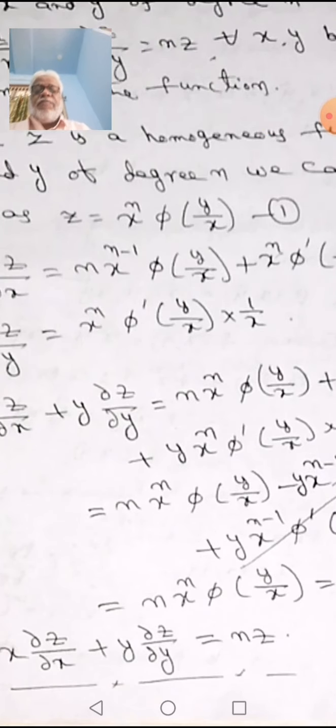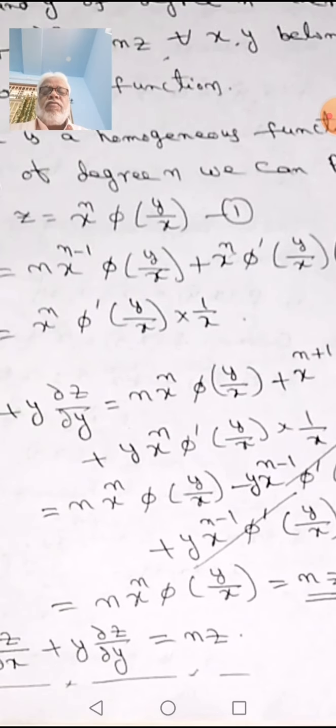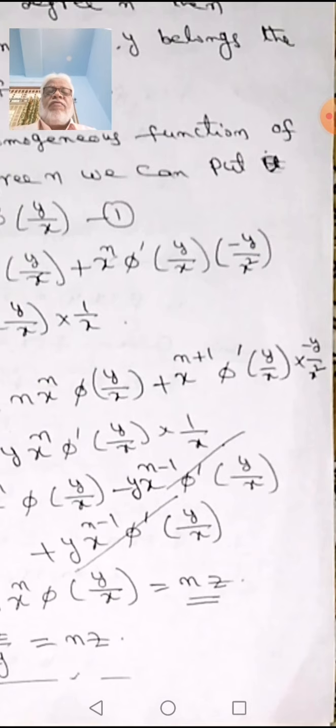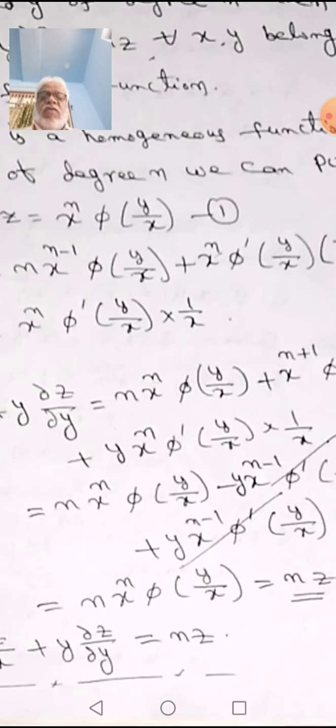Just to simplify it: n x power n phi of y by x minus y x power n minus 1 phi dash y by x, because x power n plus 1 by x square, n plus 1 minus 2, becomes n minus 1, plus y x power n minus 1 phi dash y by x, because x power n by x is x power n minus 1.